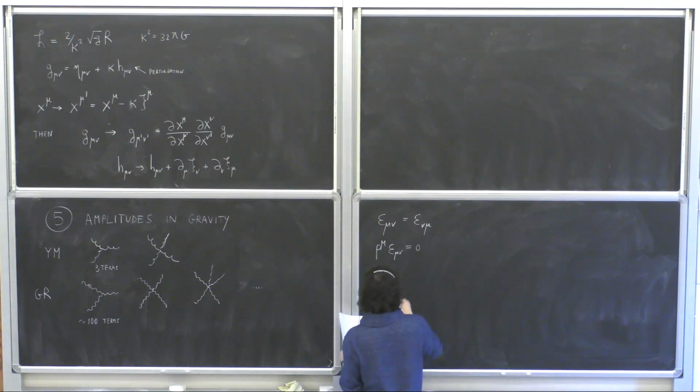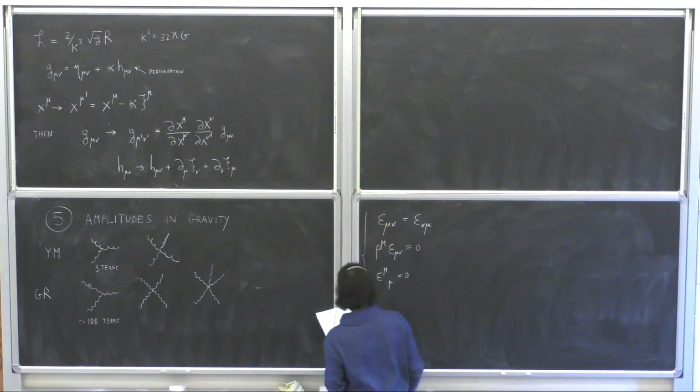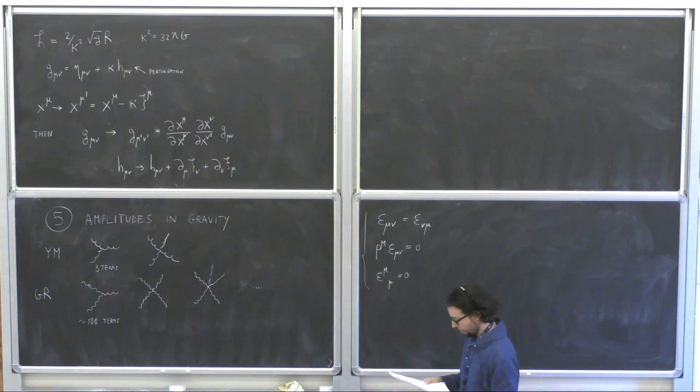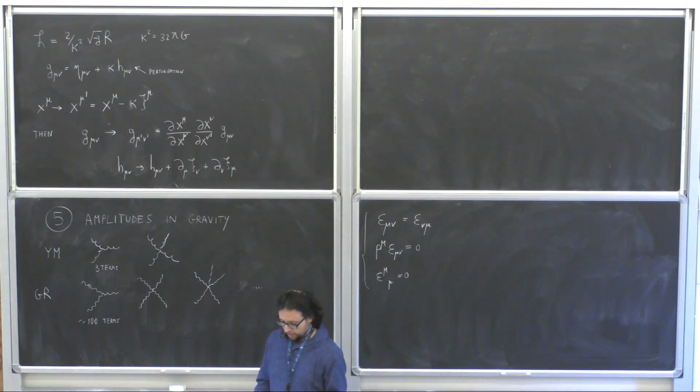We will also take it to be traceless for the graviton. So these are the properties of the polarization tensors.